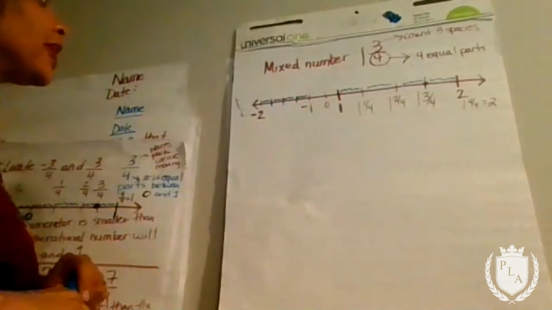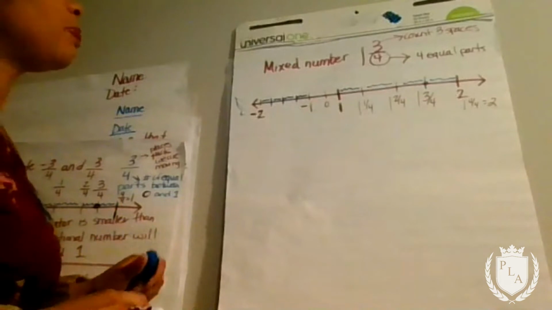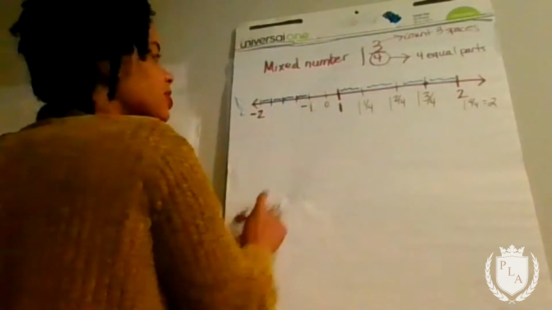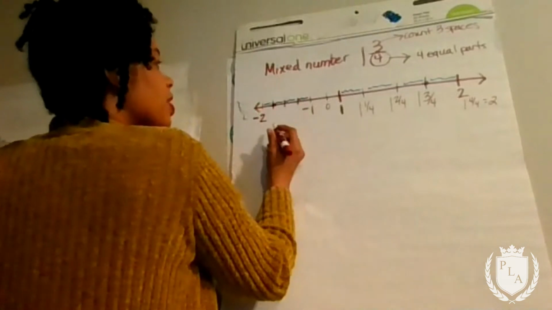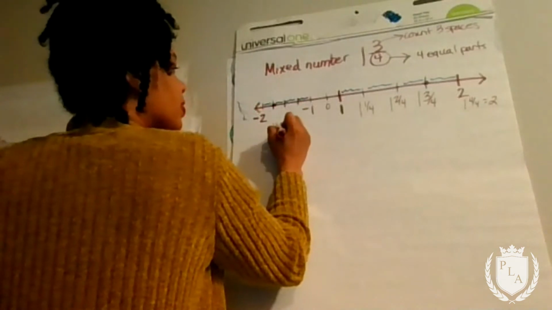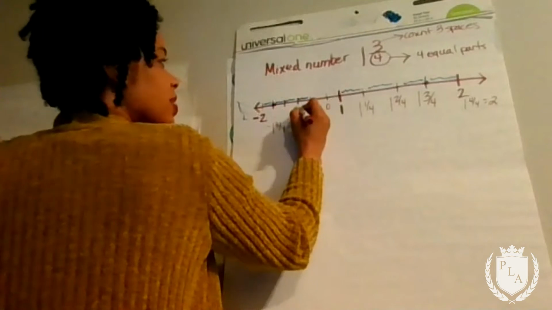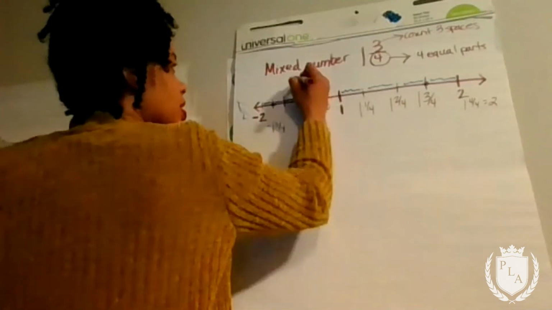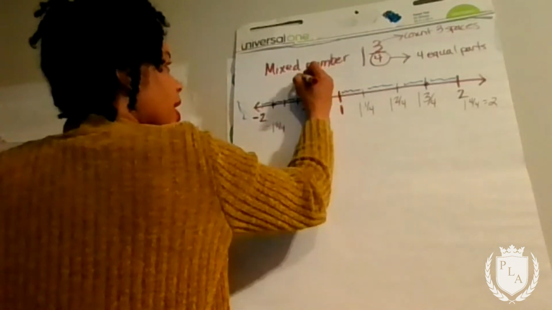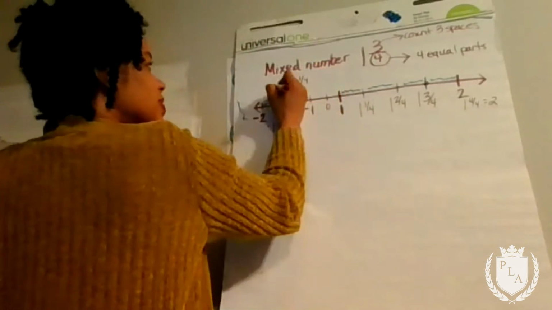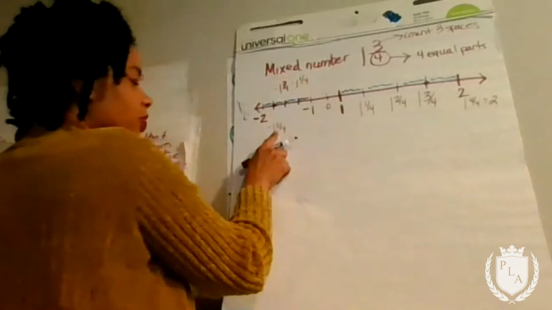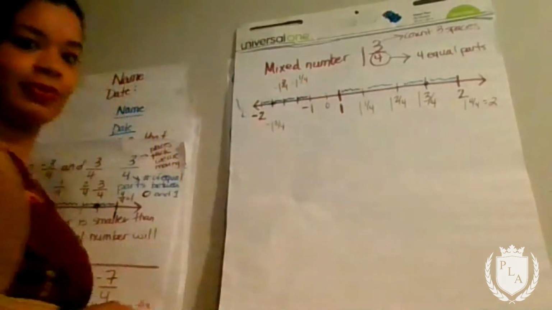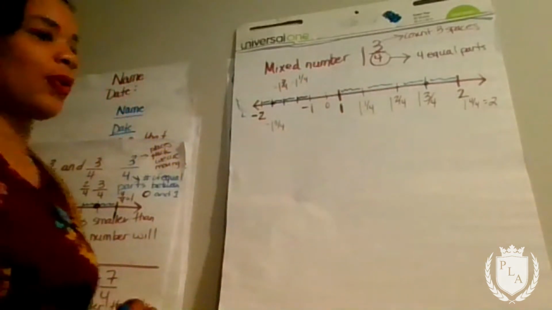Now, remember, we need to count 3 spaces from 1. 1, 2, 3, right here. And we're going to put -1 3/4. The first one is going to be -1 1/4. This one is going to be -1 2/4. -1 3/4, and that's -2. Okay?